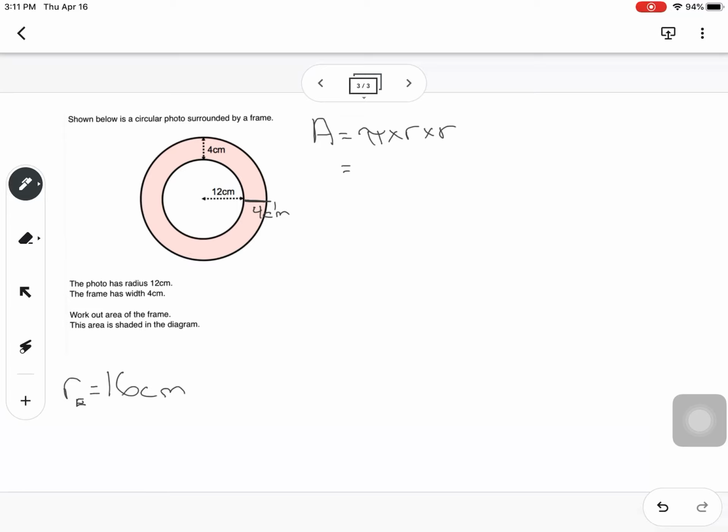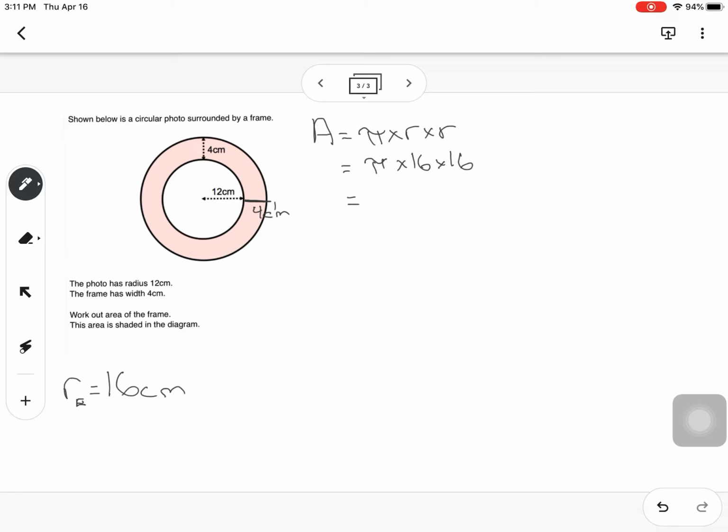Once I get the entire circle, I'm going to carve a hole in the inside by taking away my inside circle, my 12 centimeter photo inside. So first we're going to find this area using 16 centimeters, which is pi times 16 times 16, which equals 3.14 times 16 times 16.